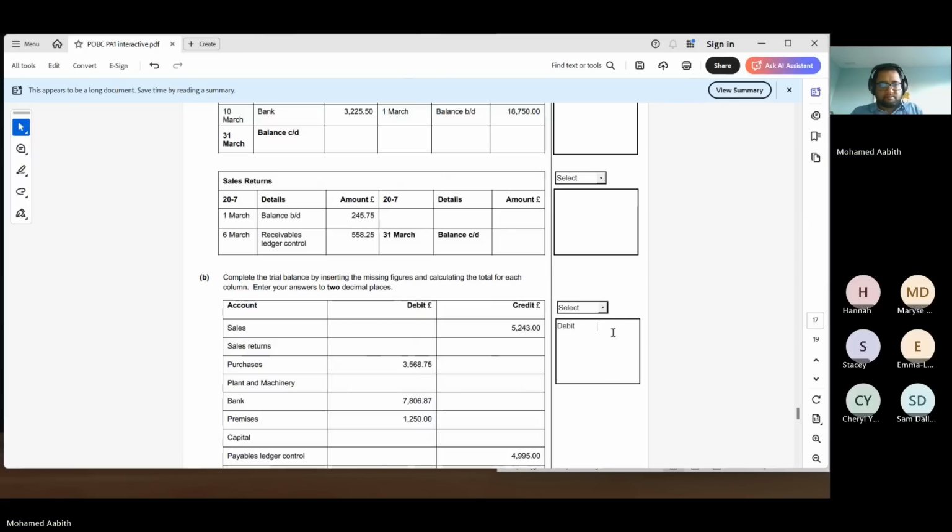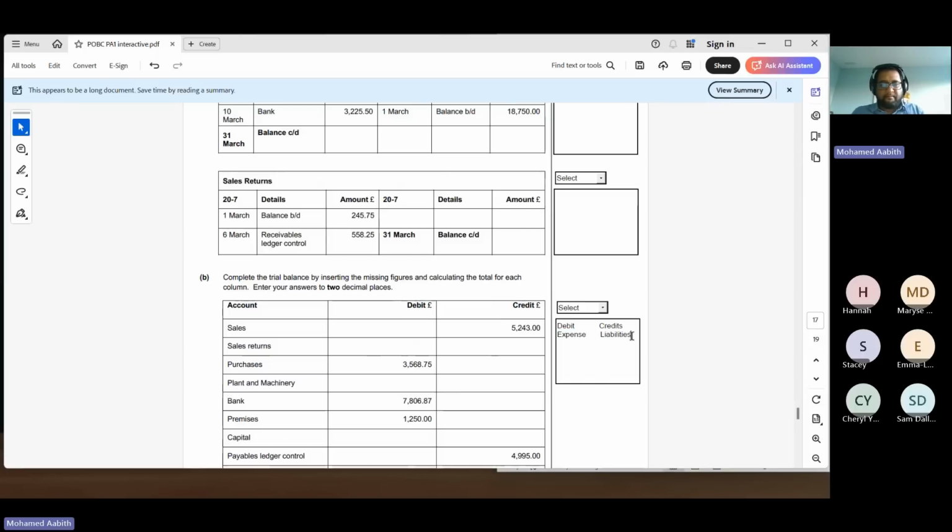Debits, credits, and then you have your assets, liabilities. It's not assets here. It's going to be expenses.